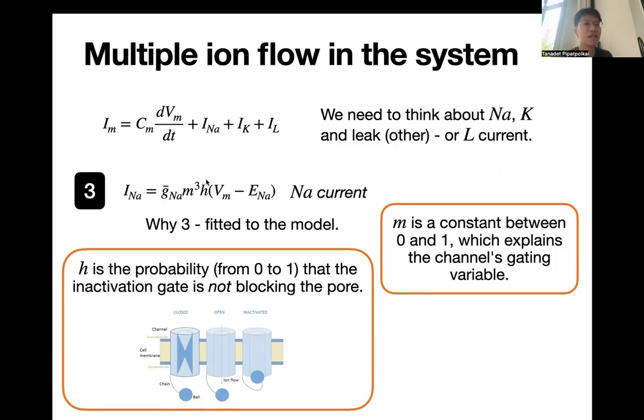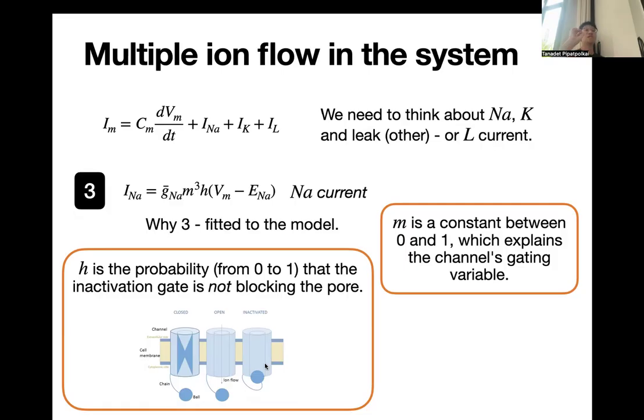H is another probability term for this gate. Sodium channel is different from potassium channel. Potassium channel, open, close. Sodium channel has this other gate here, lower down, called the inactivation gate. We call this the ball and chain mechanism, where we have an open state and we have this ball coming downwards to plug the ion channel closed.